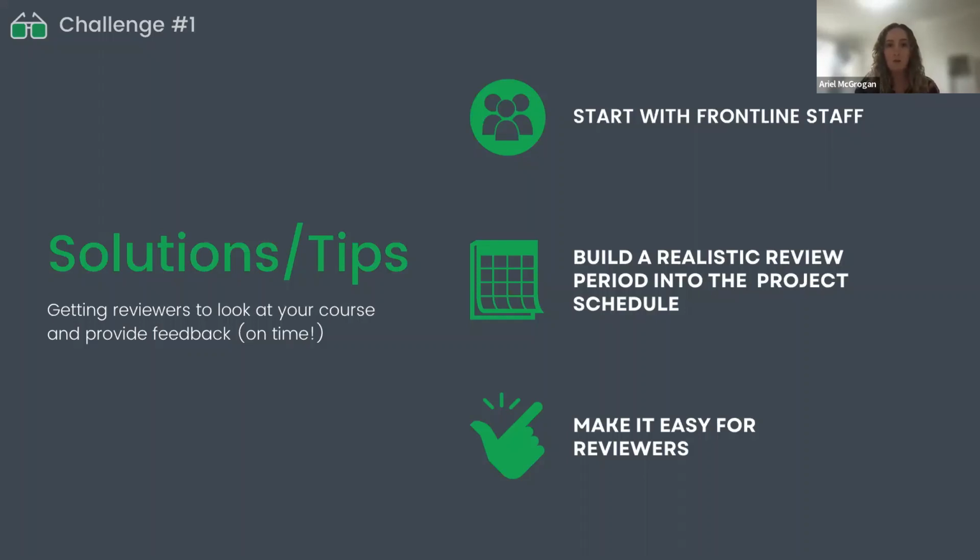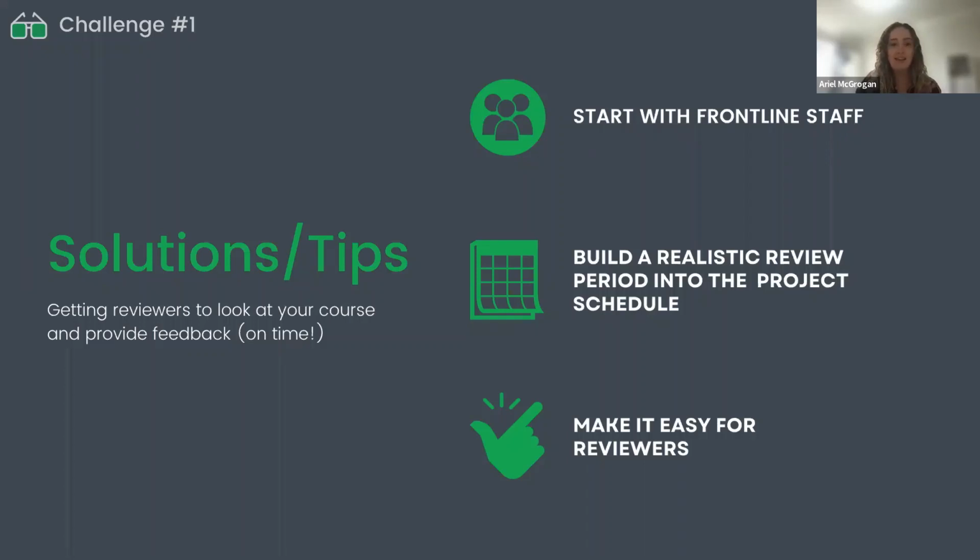Another tip here would be to build this time into your schedule. So talk to your project manager, or if you make your own schedules, do this yourself. Really take the time to think about who you need to review this course, how many reviewers are necessary, and make sure you build a realistic timeline, recognizing that it does take people a little bit of time to get those reviews to you.